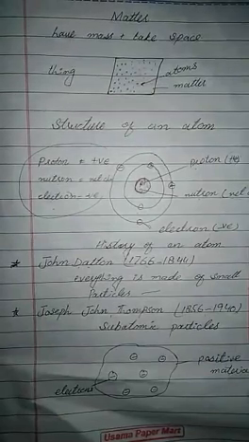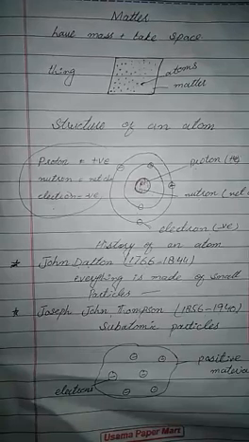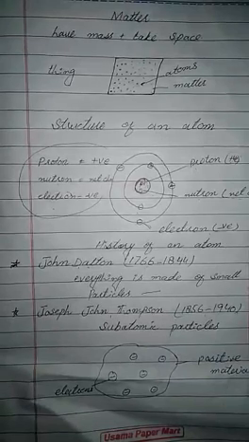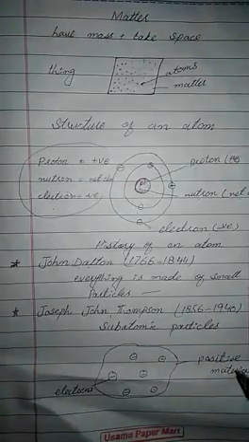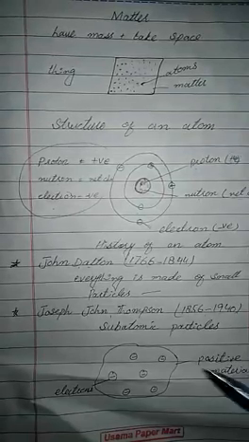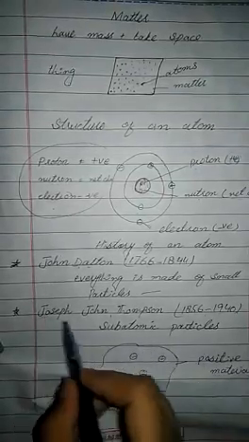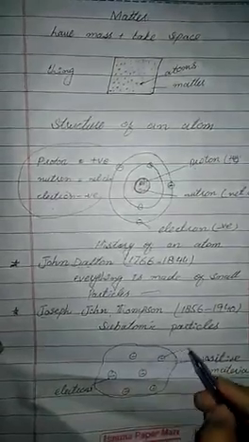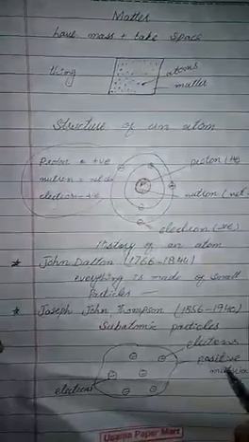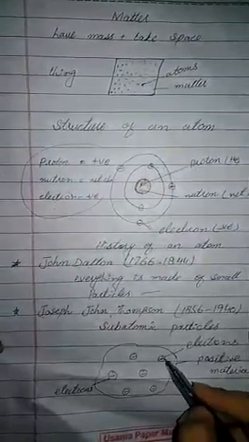Using a cathode ray, students, this is the scientist. He used cathode ray and proved that there are some small particles present in the atom. These are negatively charged. So Joseph John Thomson discovered the electrons, because electrons are the negatively charged materials.